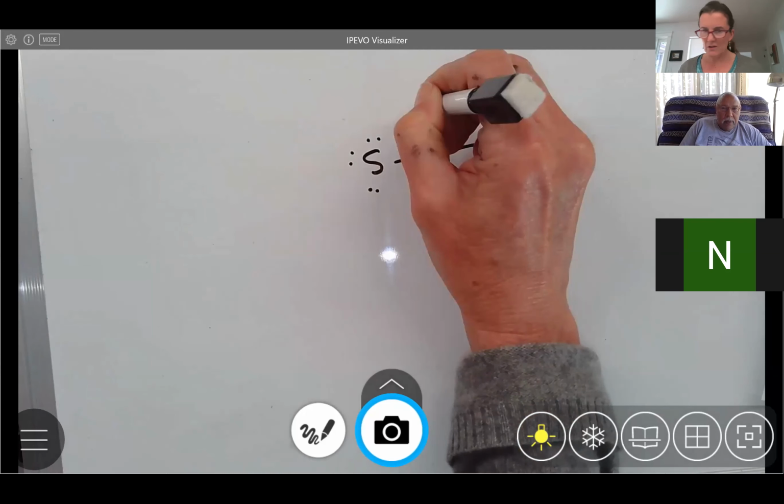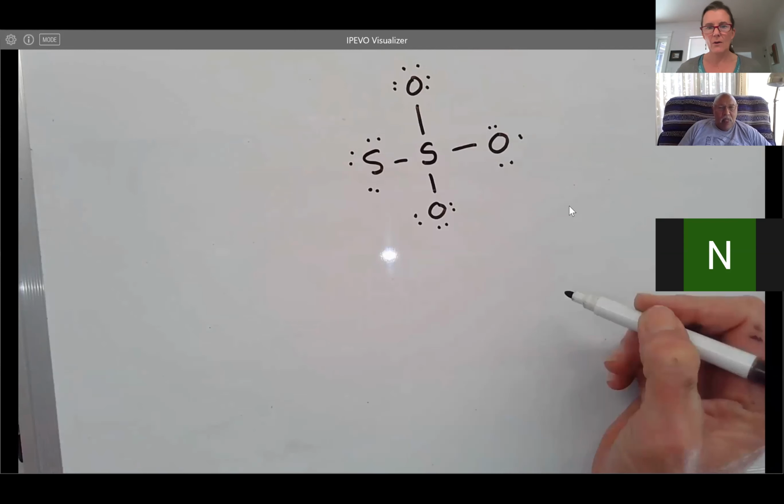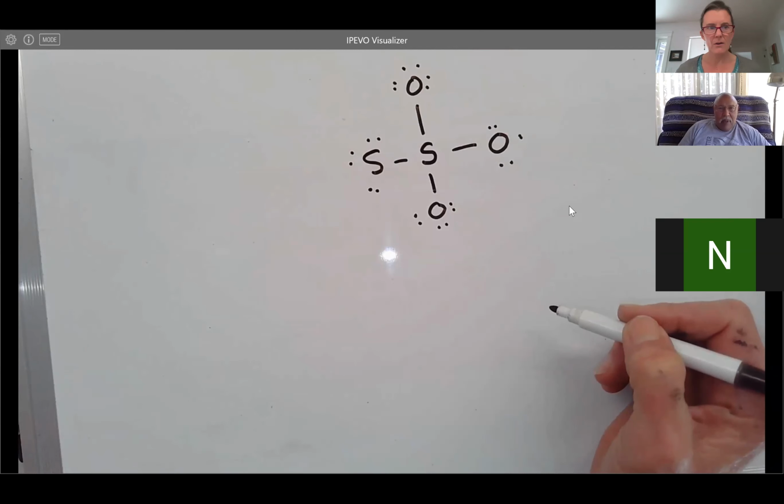Okay, so this is the Lewis structure. Chris, before you go any further, so you picked one of the sulfurs as the central atom, correct? Yeah, everything else around it.